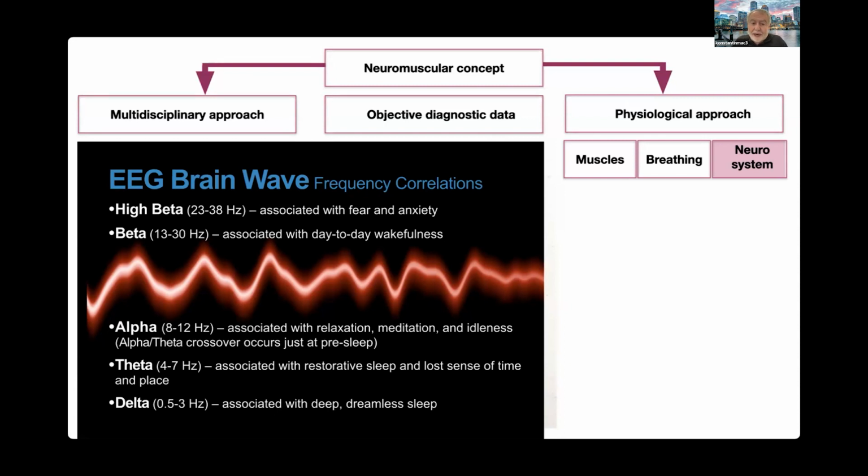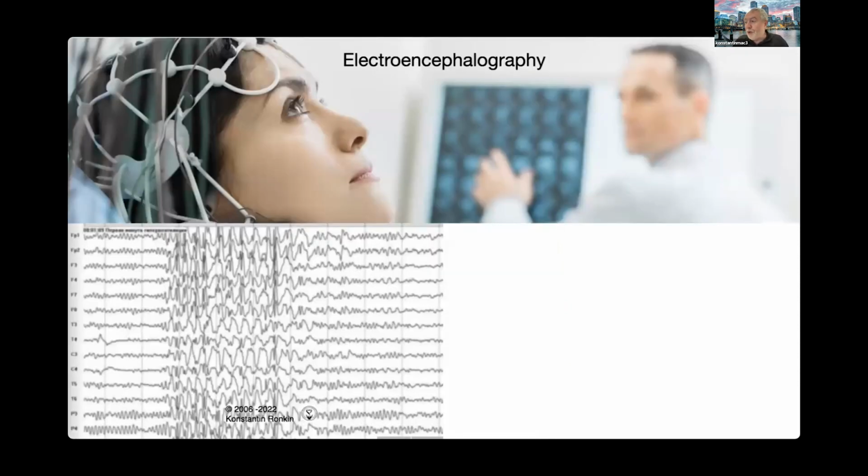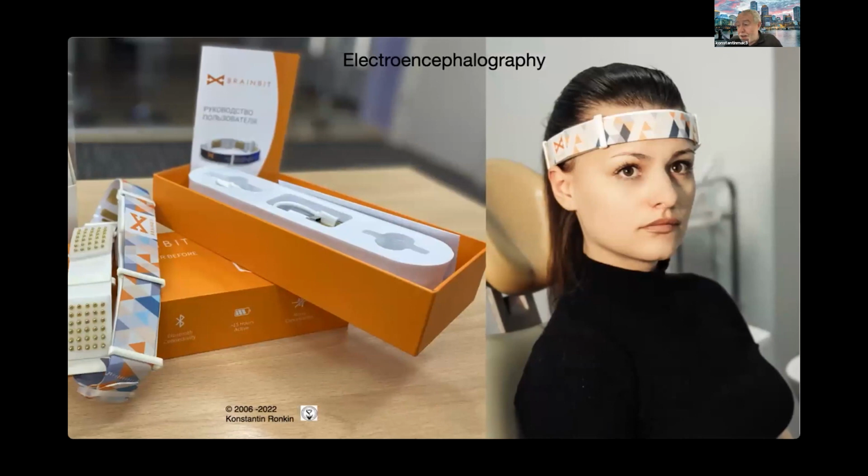So that's why we do electroencephalography. We can determine the frequency of CNS waves using electroencephalography. However, in a dental office, in real clinical situations, it's very difficult and expensive to do classical electroencephalography. But we use a fairly simple device that allows us to determine in real time at what frequency the brain works.